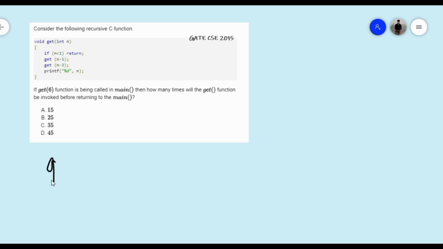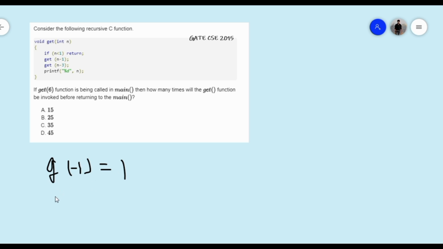I am using a short form g for get. If this is invoked for n value -1, then how many times is this get function invoked? Only one, that is this call itself.